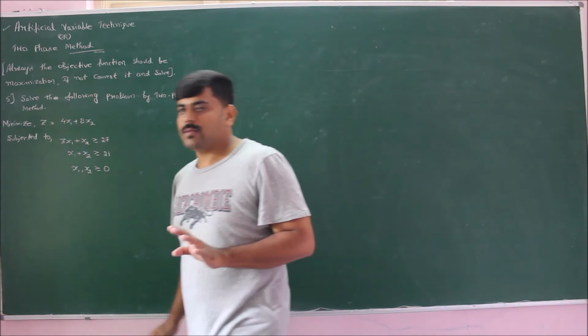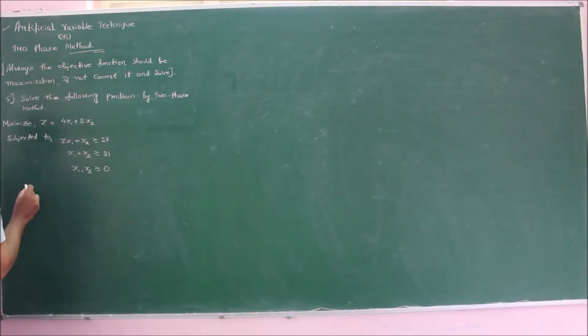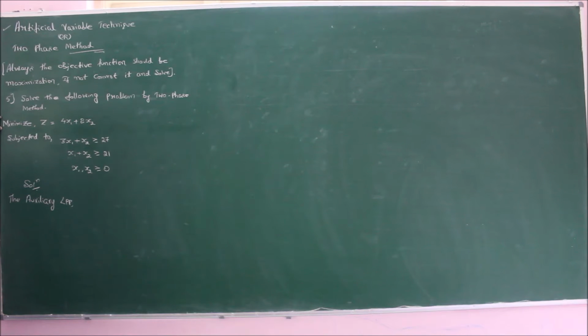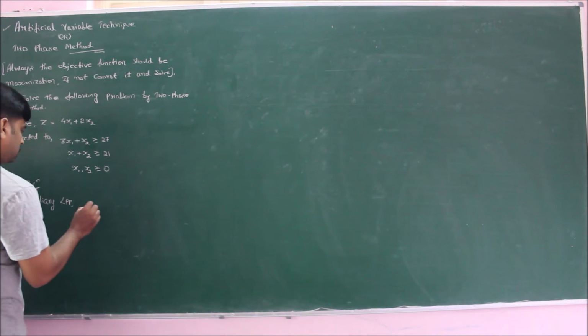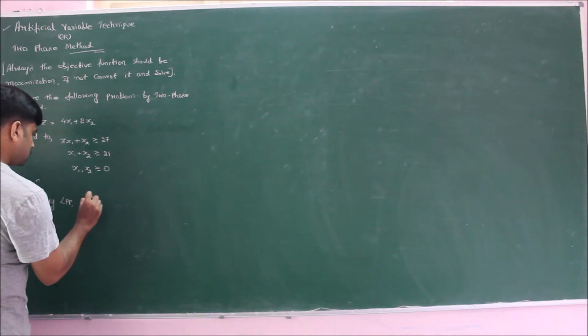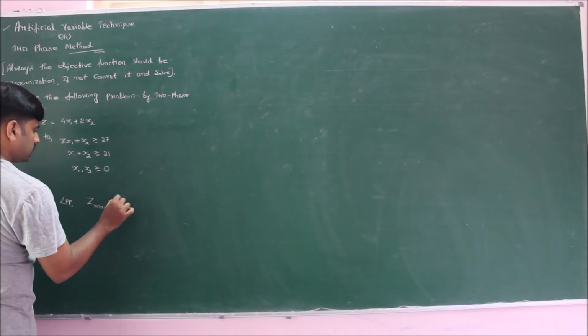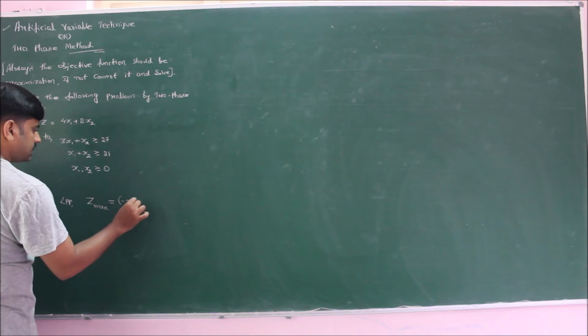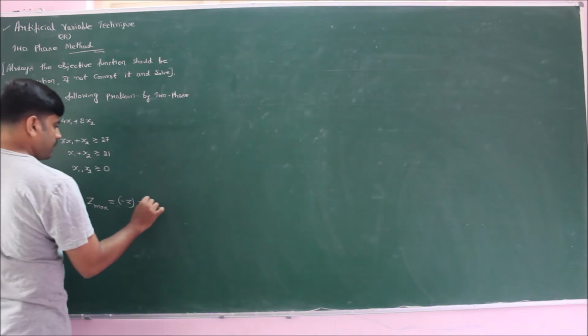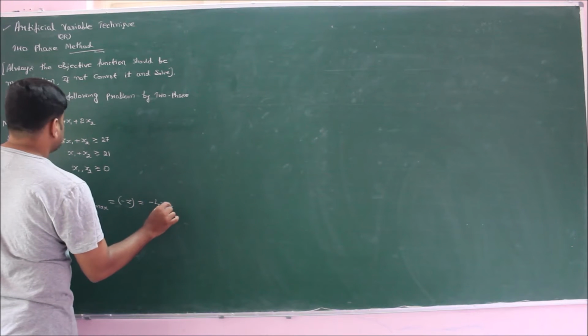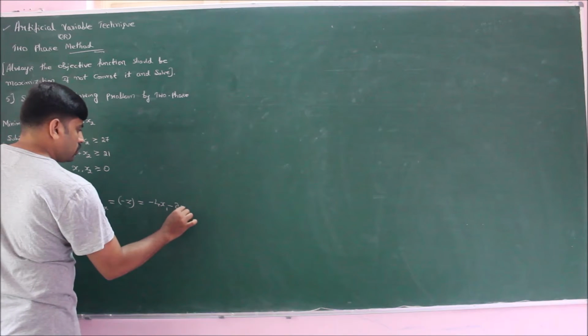So let me solve this problem. For the solution, since I should maximize the objective function, Z max will become, multiplying negative signs on both sides, minus Z which is equal to minus 4x1 minus 2x2.